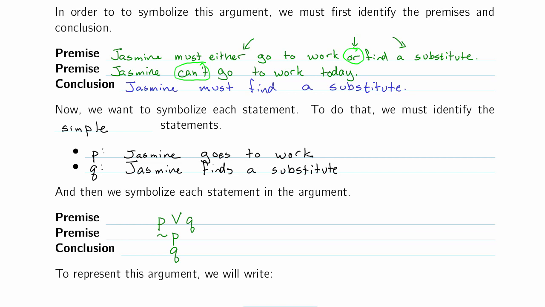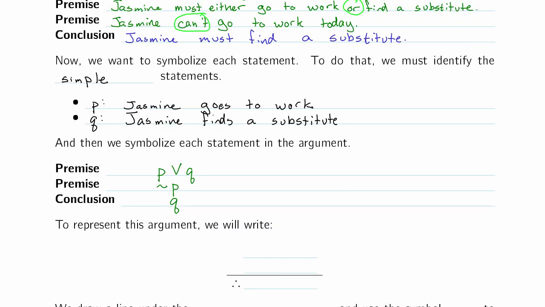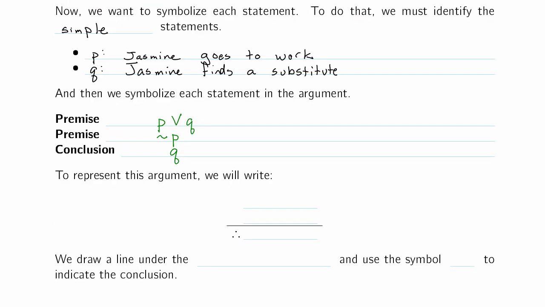To represent that this is an argument, we draw something that actually looks a lot like a math problem. We have one premise, P or Q, and then on the next line we write not P, and then we draw a line underneath and these three dots, and we write Q. We draw a line under the premises, and we use this symbol with the three dots, which we read typically as therefore, to indicate the conclusion.